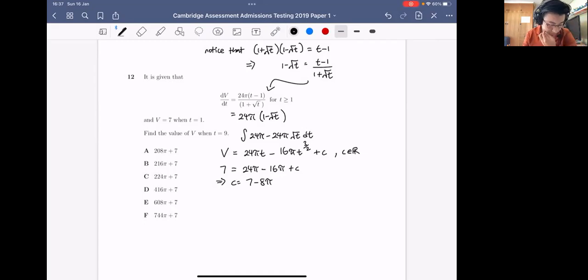And then now what? So v is 24 pi t minus 16 pi t to the 3 on 2 plus 7 minus 8 pi.